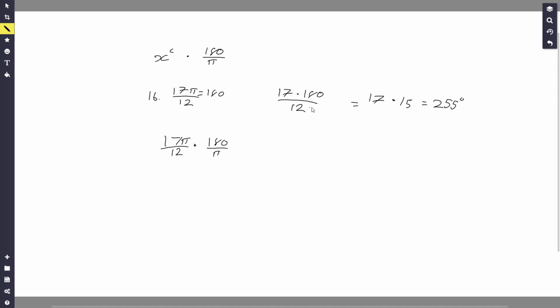It's a heck of a lot easier than having to deal with this. I'm sure if you just plug this straight into the calculator, let me do that real quick. Pi over 12 times 180 over pi. Yeah, you get the same thing. Just plug this into the calculator and you get 255 degrees.